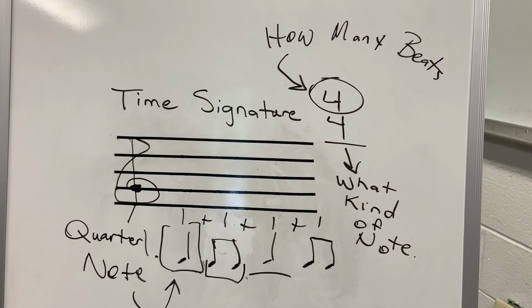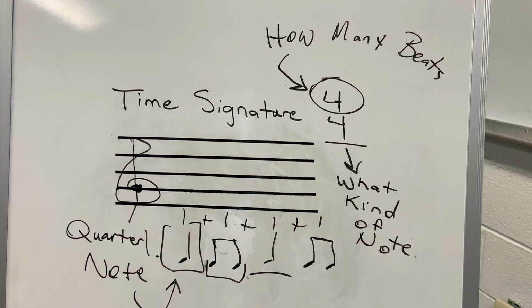So 1 plus 1 plus 1 plus 1 equals what? 4. I have 4 beats now. 1 beat, 2 beats, 3 beats, and 4 beats. Okay? I have 4 beats now in that measure.